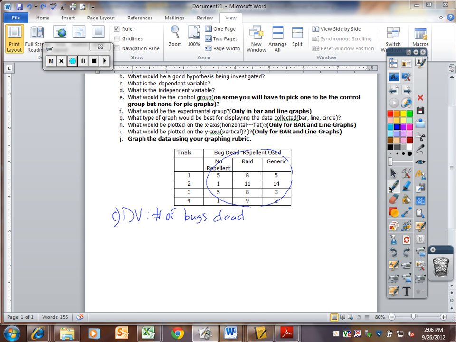Okay. For D, the independent variable is what we change. So in this case, we're going to change the type of repellent.